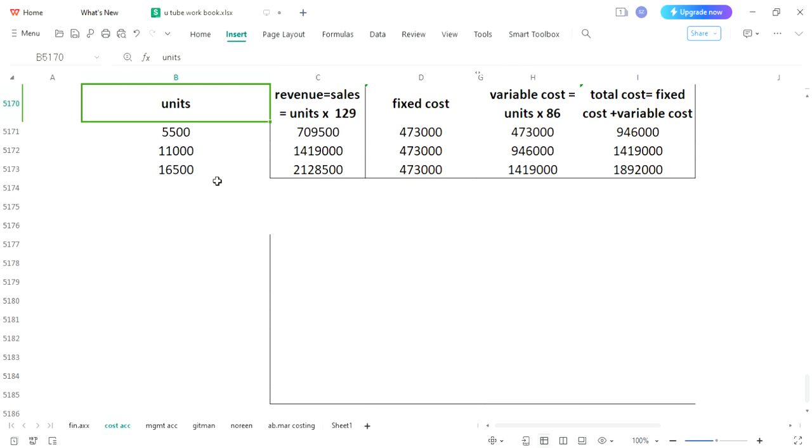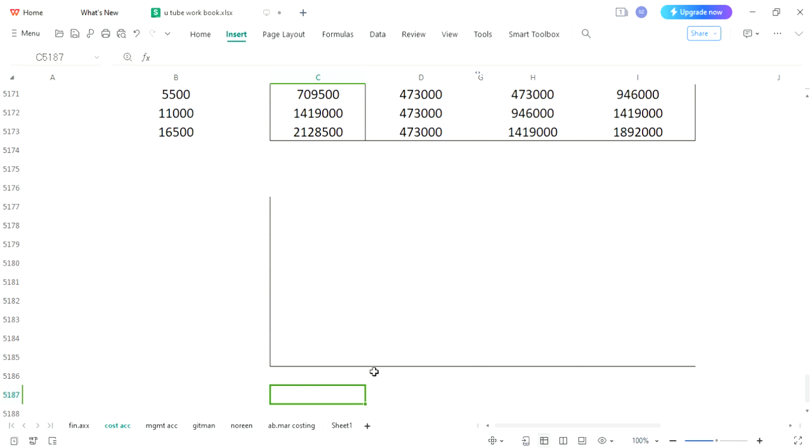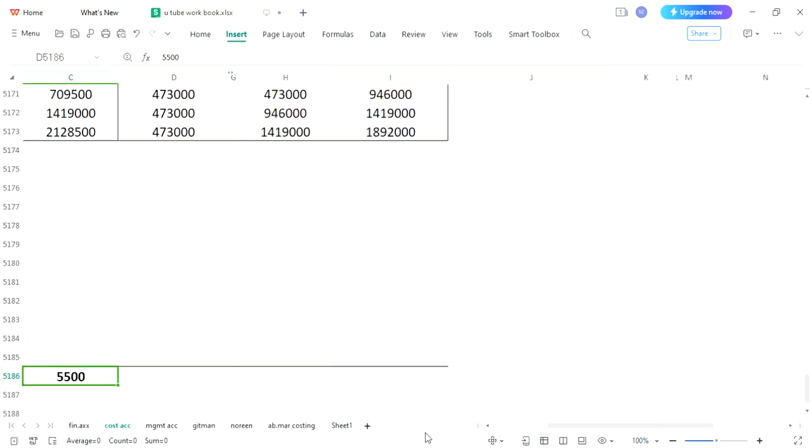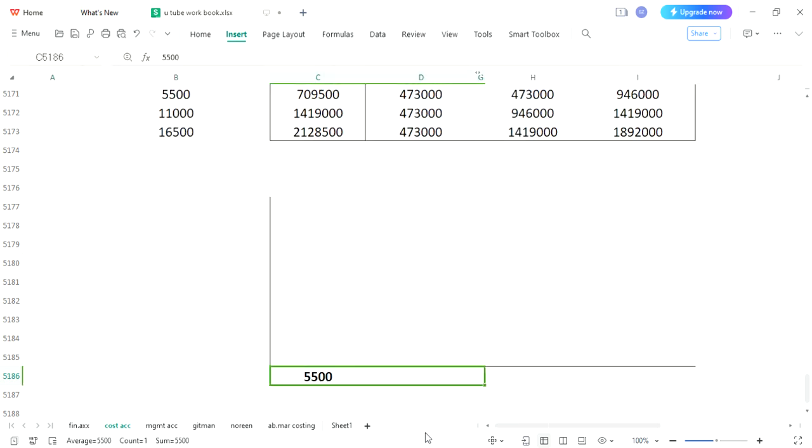Units would be put on the X-axis. We have 5500, 11,000 and 16500, and there will be 3 points. This is your first point, and then second point and third point. Let's make them in an arranged manner.